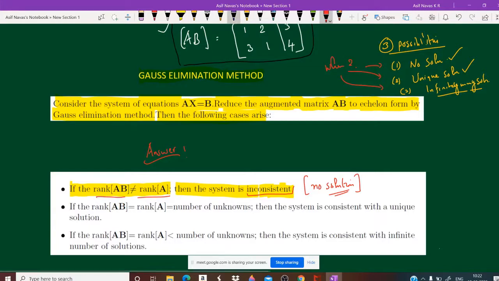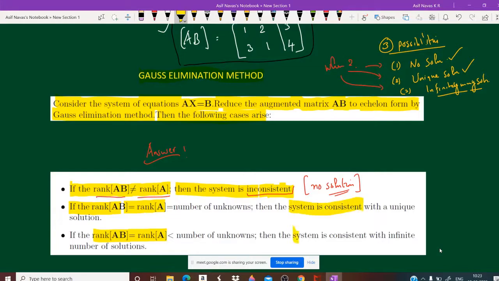Now, the second condition is if rank of AB is equal to rank of A, then the system is consistent.